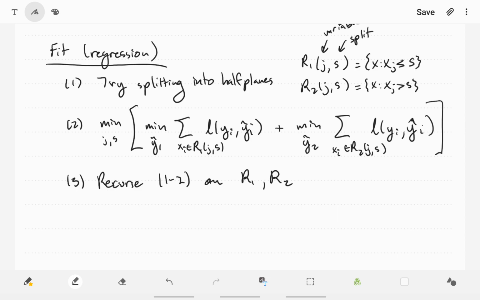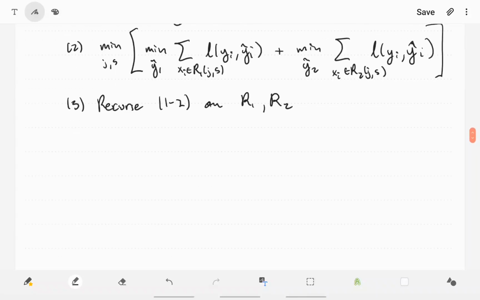Okay, so in classification, there's a couple of things to mention. First of all, this is in the multi-class setting, so we're going to go more general right away. So there are 1 up to capital K classes.